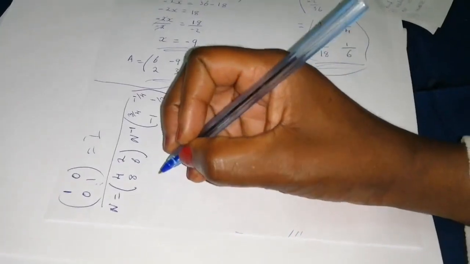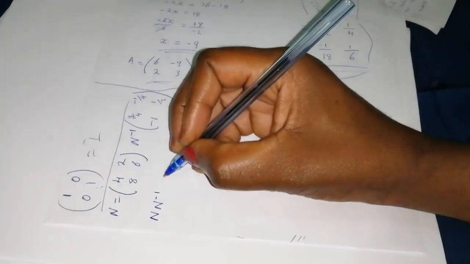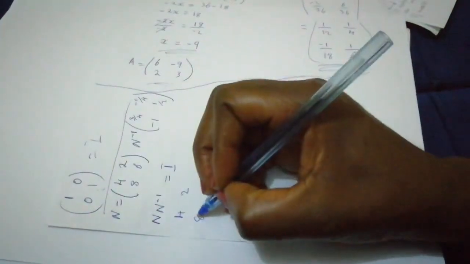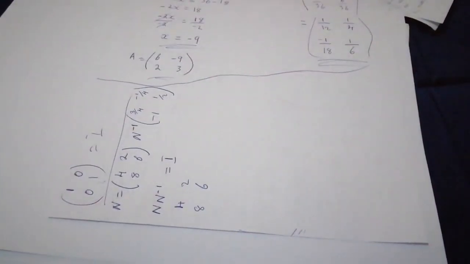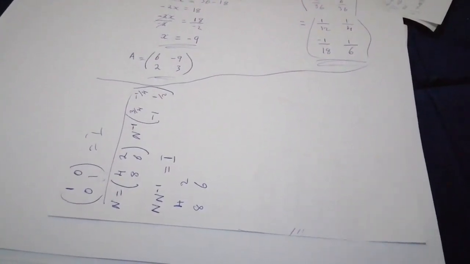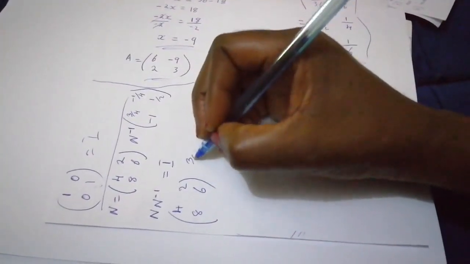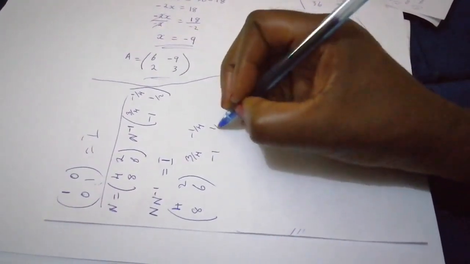So if we multiply the matrix N with its inverse, what we need to get is the identity matrix. So bringing this, we have 4 2 8 and 6. Then we are multiplying this with 3 over 4, negative 1 over 4, negative 1, and 1 over 2.